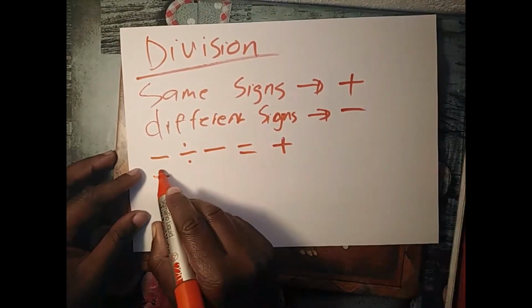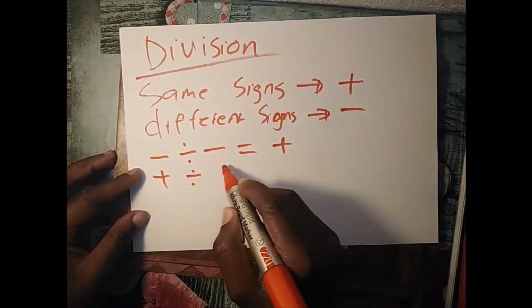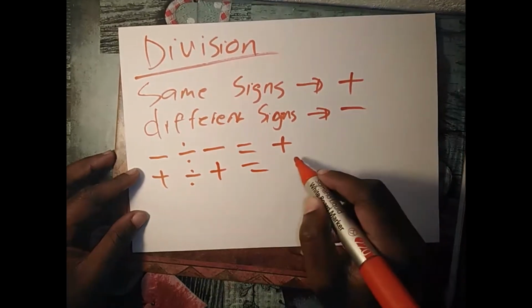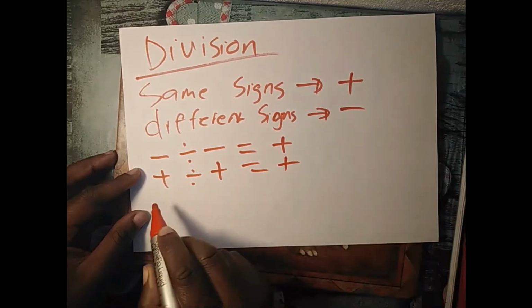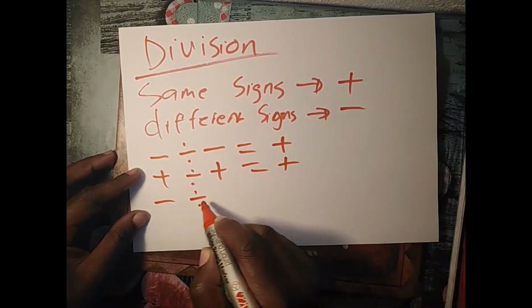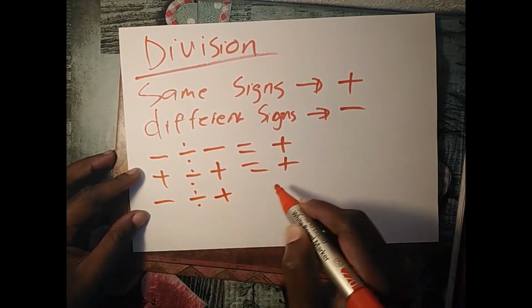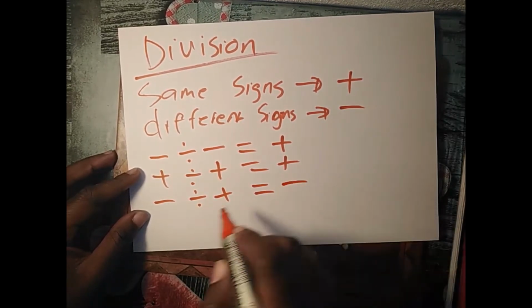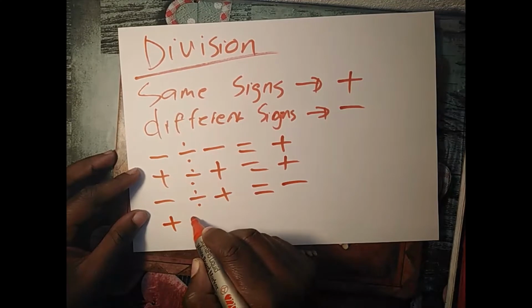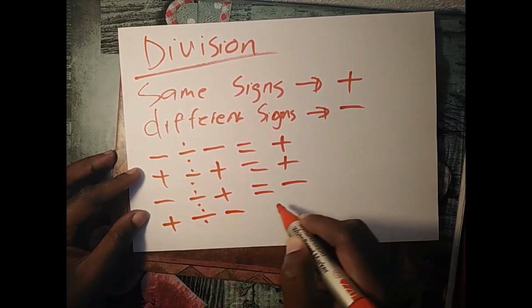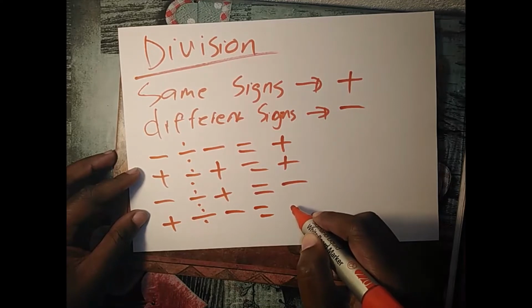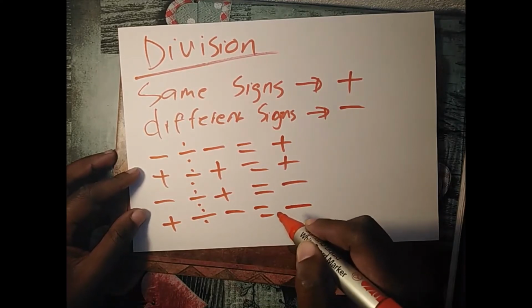And if you've got a positive divided by a positive, you will also get a positive. And if you've got a negative divided by a positive, because these are different signs, you will get a negative. And if you've got a positive divided by a negative, because these are different signs, you will get a negative, right?